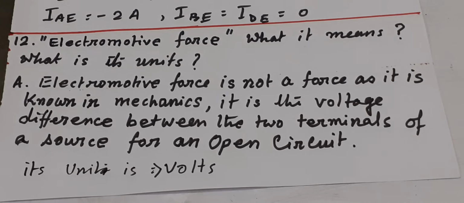It is the voltage difference between the two terminals of a source for an open circuit. I mean, when the battery is in open circuit, whatever potential drop is available, that is known as electromotive force. Its unit is volts, V-O-L-T-S.